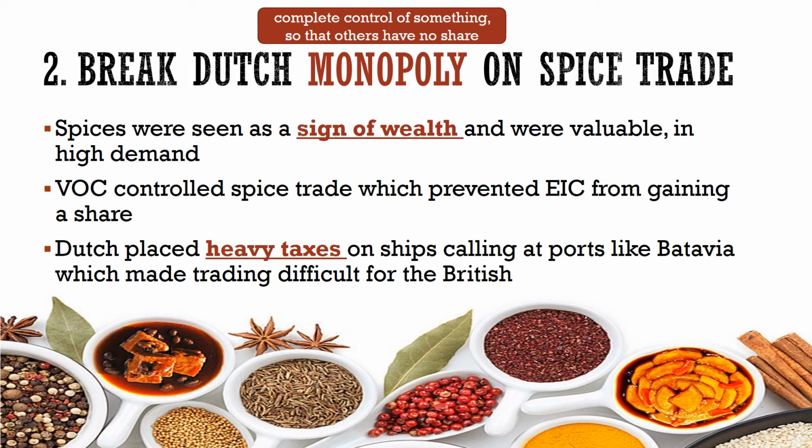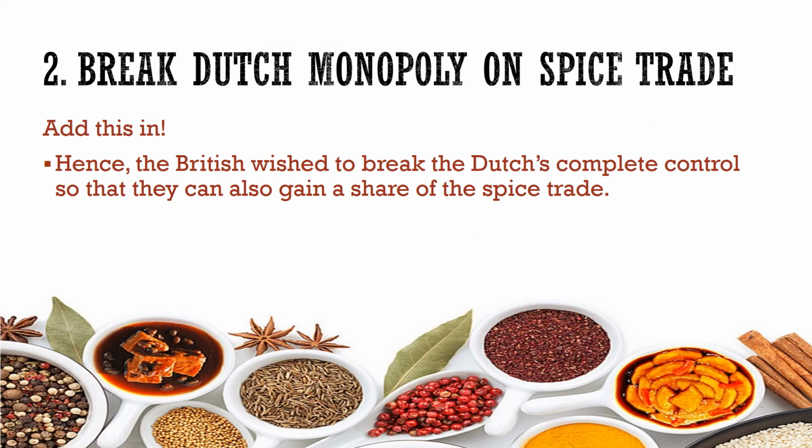So if the Dutch place heavy taxes on ships, that means the ships have to pay extra money to go to these ports like Jakarta or Batavia to get the spices. Would the British benefit? Definitely no, because they cannot just trade and get the spices without having to pay a cost. So please add this in the second part.